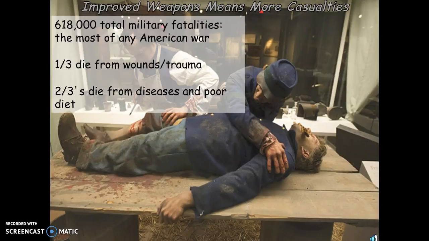So we've talked a little bit about some of these things. 618,000 total military fatalities, the most of any American war. In fact, if you added up the casualties of Americans that fought and died in all of the other wars that we've been a part of combined, you still wouldn't reach the total that we had for the Civil War of about 620,000 fatalities and casualties.